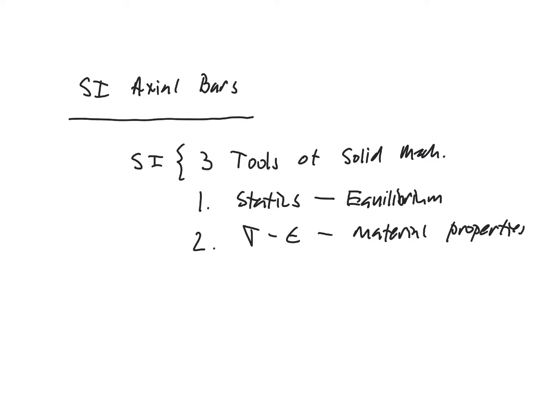In other words, sigma has to be equal to the modulus of elasticity times the normal strain for the axial bar. But what we found was that means that delta is going to be equal to PL over AE. We're assuming that we're only going to be studying statically indeterminate problems that have a constant P, A, and E. So, constitutive law: the deformed solid has to conform to known material properties.